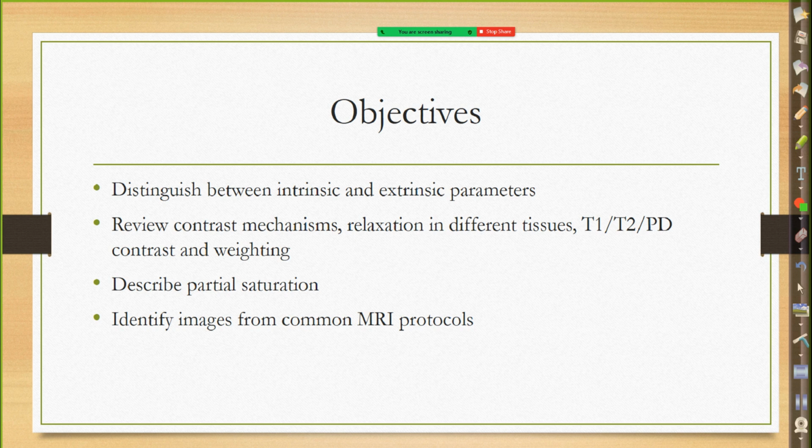One's very big, fat, and one's very small, water. And how they interact with other tissues is very different. So the literature commonly refers to, in this unit, fat and water because they're on the opposite ends of the spectrum. We're going to talk about T1, T2, and proton density contrast and how you obtain that contrast through image weighting, partial saturation, and then we're just going to identify images.